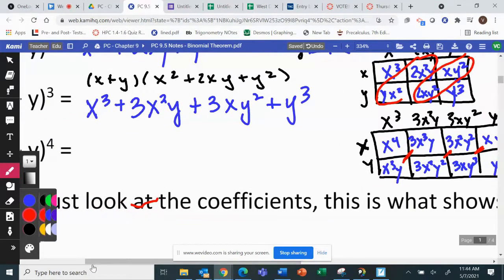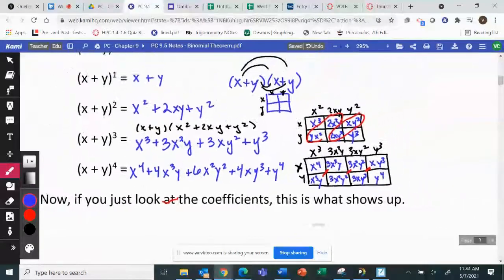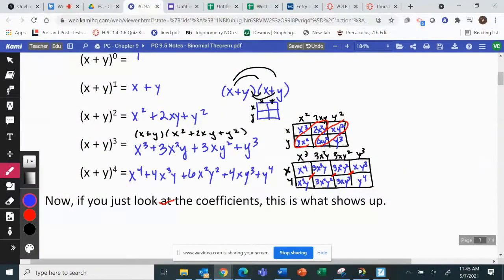And we combine our like terms. x to the fourth plus 4x to the third y plus 6x to the second y to the second plus 4xy to the third plus y to the fourth. Make sure you have those written down. And then we are going to look for patterns.